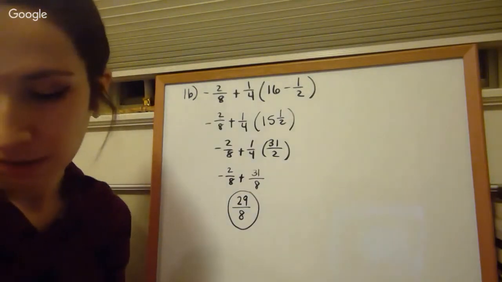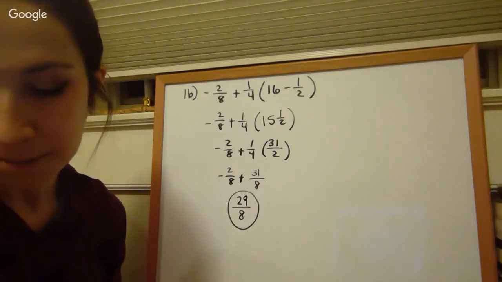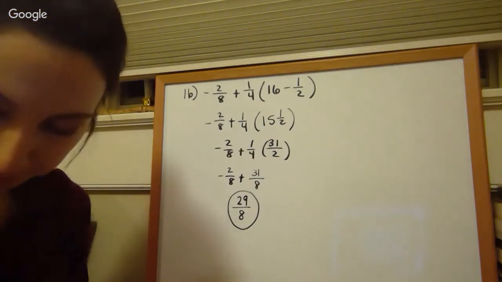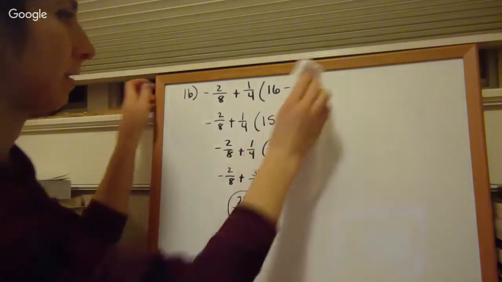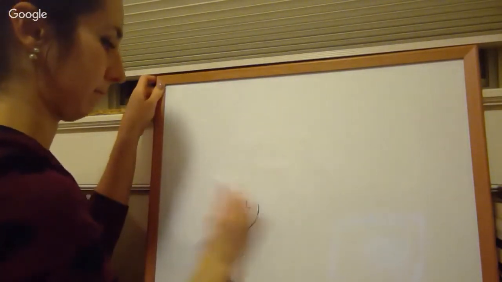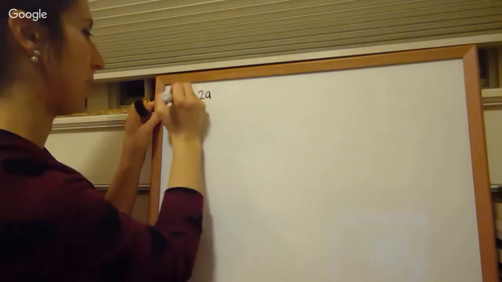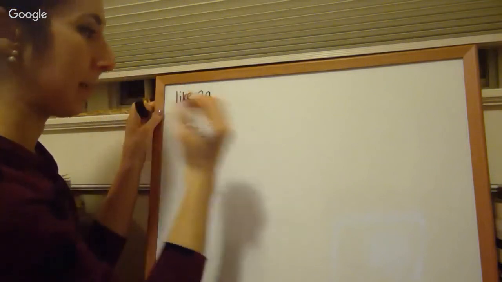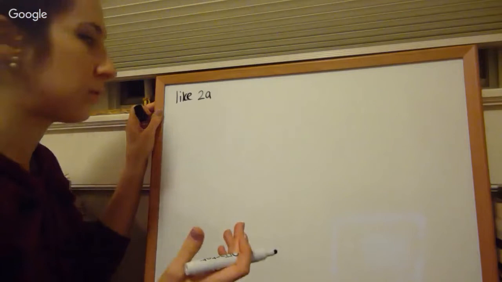All right, let me point out something like 2a. Okay, here's something like 2a. And when we're distributing, how do we know which piece to distribute?